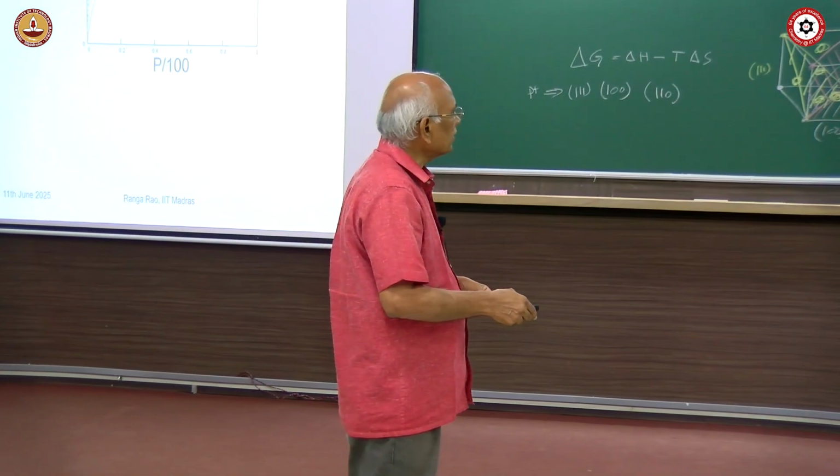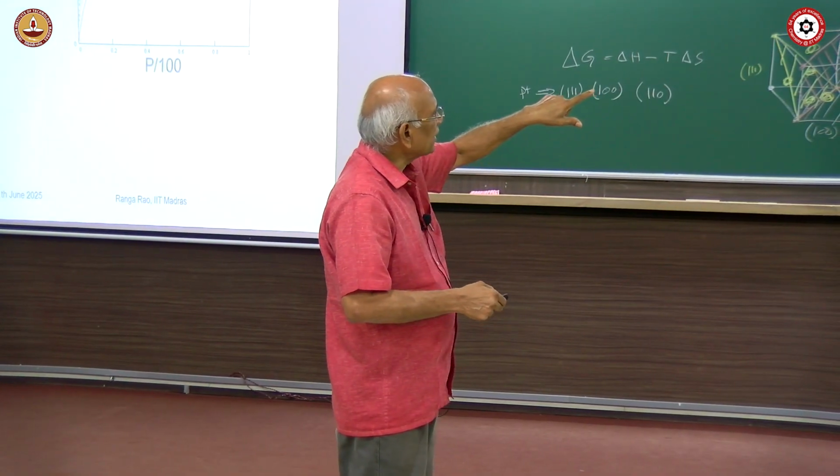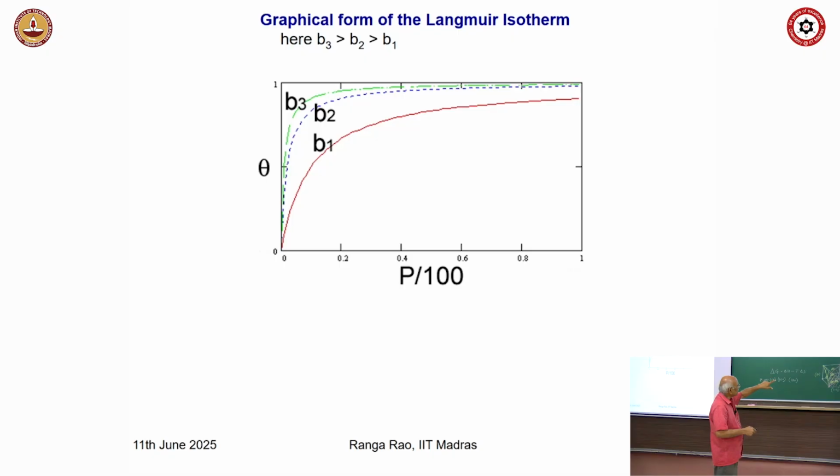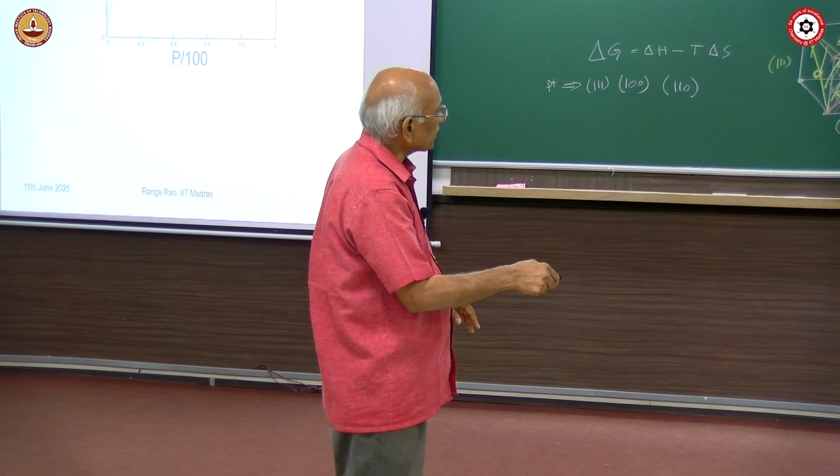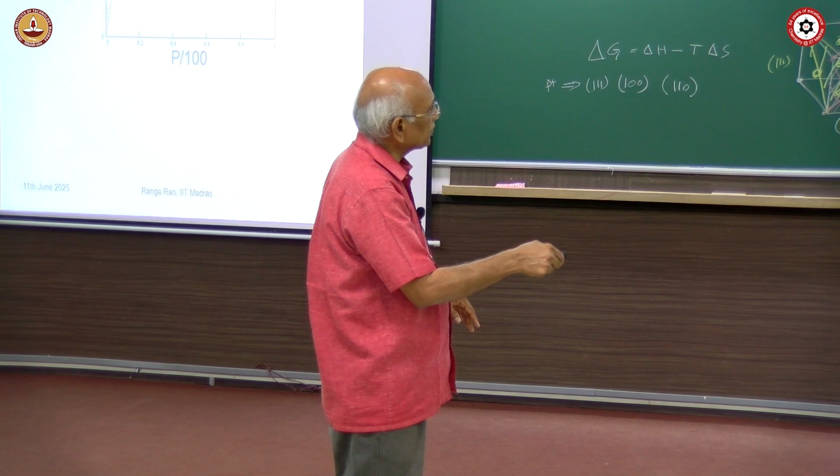So what we can actually do is, if you see here, suppose if B is large, what is B? K adsorption divided by K desorption. That is the definition. K adsorption is very high means adsorption is more favorable. Even at low pressures, the adsorption will be very high. So that's what is seen here. See, B3 is very large, so immediately, even at low pressures, it starts filling up the sites.